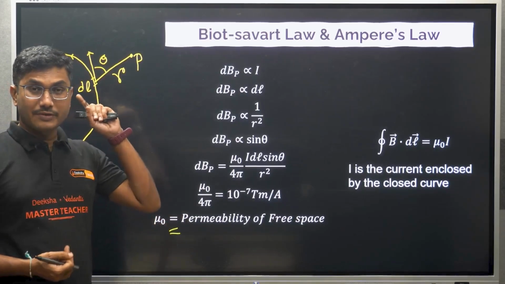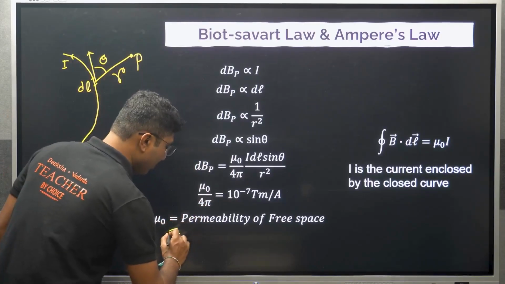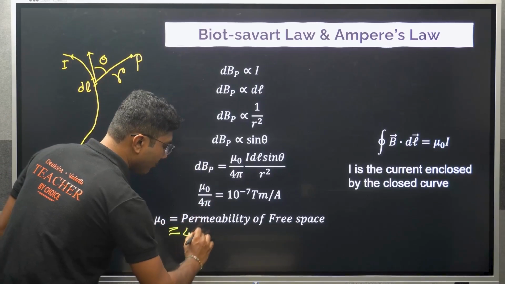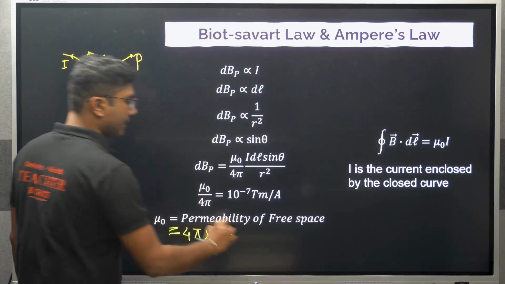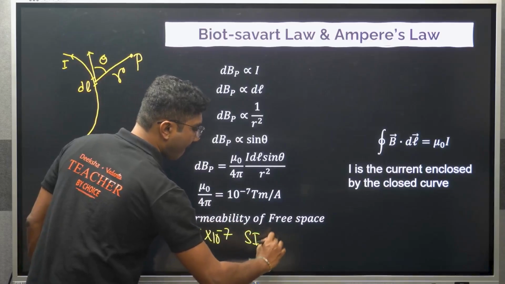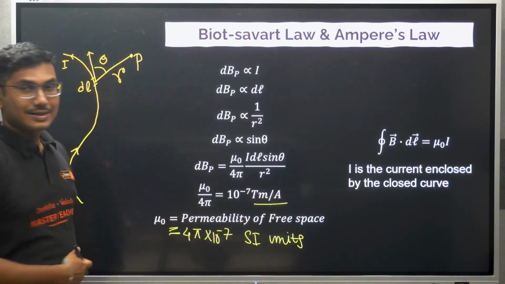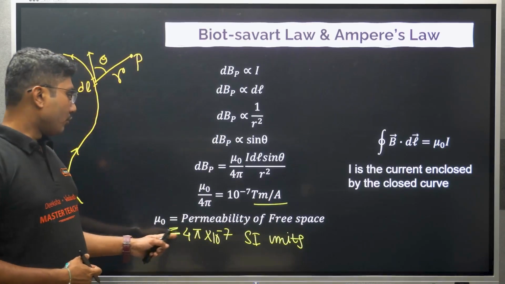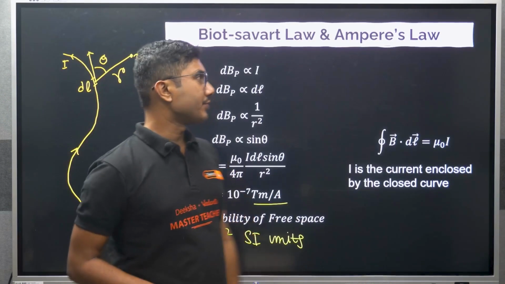Epsilon naught was permittivity, here it is permeability. Okay, and mu naught we write as 4 pi into 10 to the power of minus 7. Okay, SI unit. What is the SI unit? It is Tesla meter per ampere. 4 pi into 10 to the power of minus 7, a very important value to remember to solve questions.